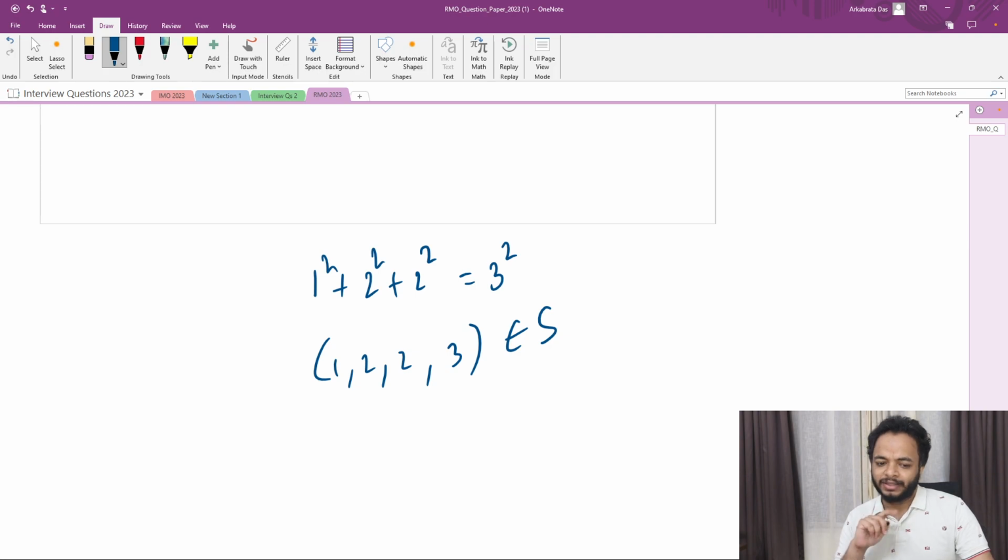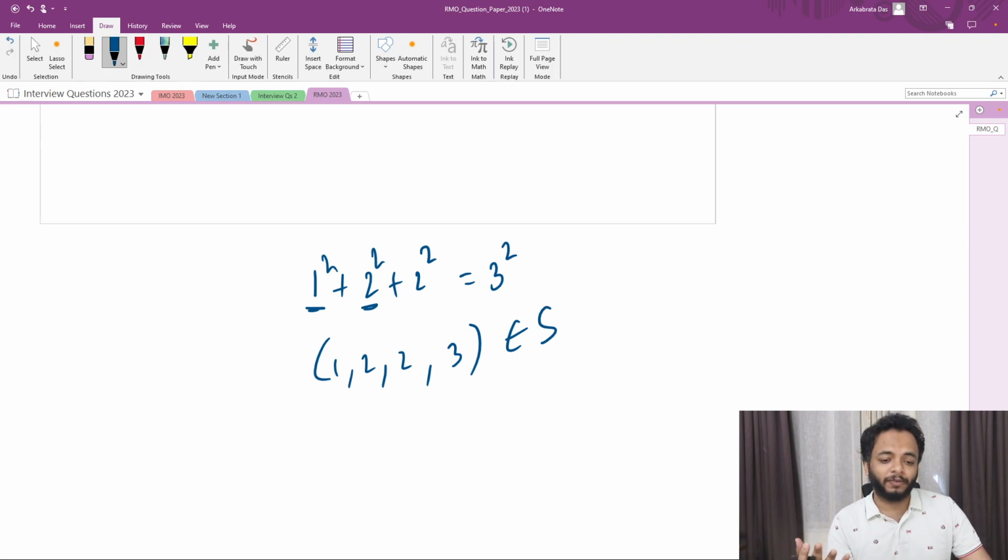Now I can easily argue that among a, b, c, one of them is 1. It can't get lower than that because I'm taking from the naturals. Then the next one is 2.